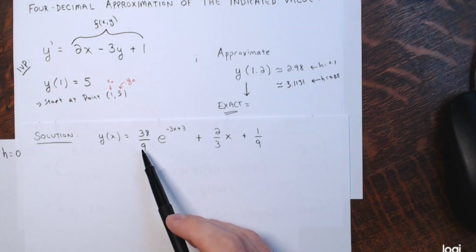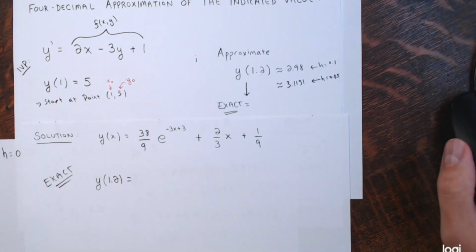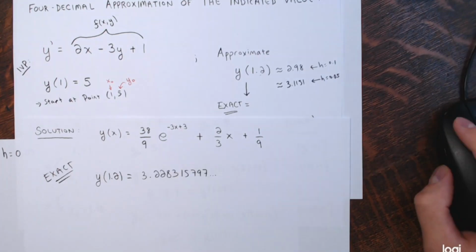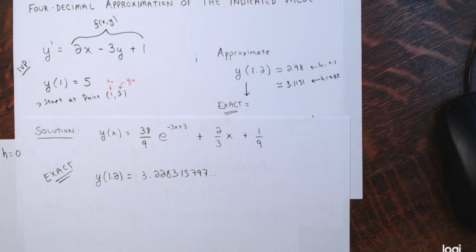So the exact value that we're looking for, the value of y on our solution curve at 1.2, I'll just replace all the x's with 1.2 and enter what I get on my calculator. This number just popped up on your screen.